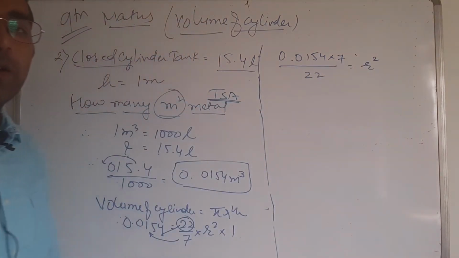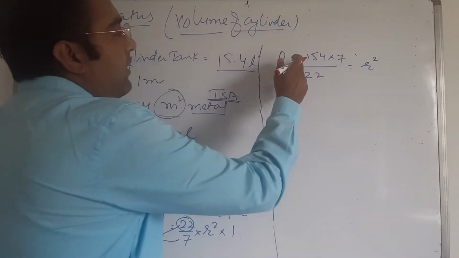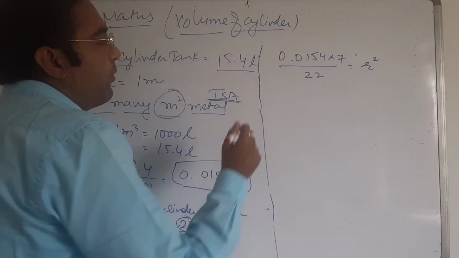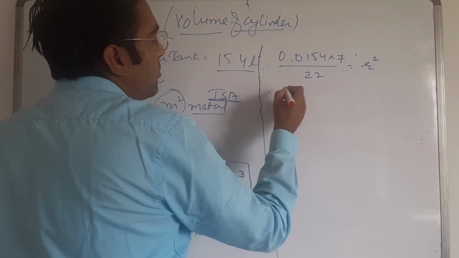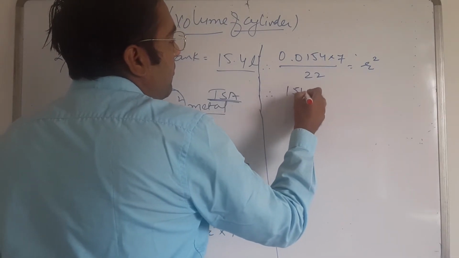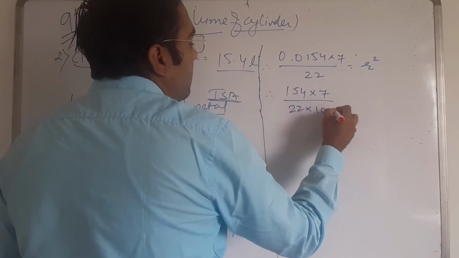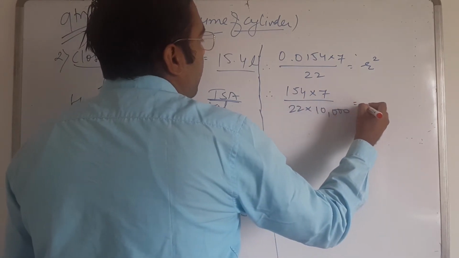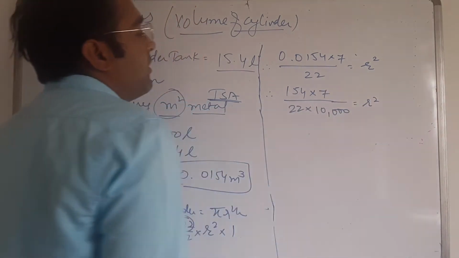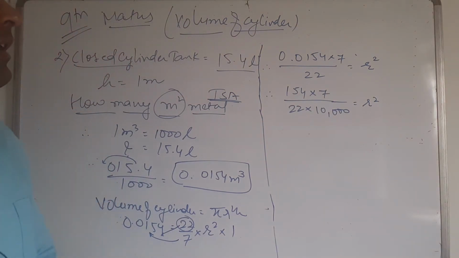Now I have to take the point out of the question. So 154 into 7 upon 22 into 10,000, because I have taken the point out from the 154.